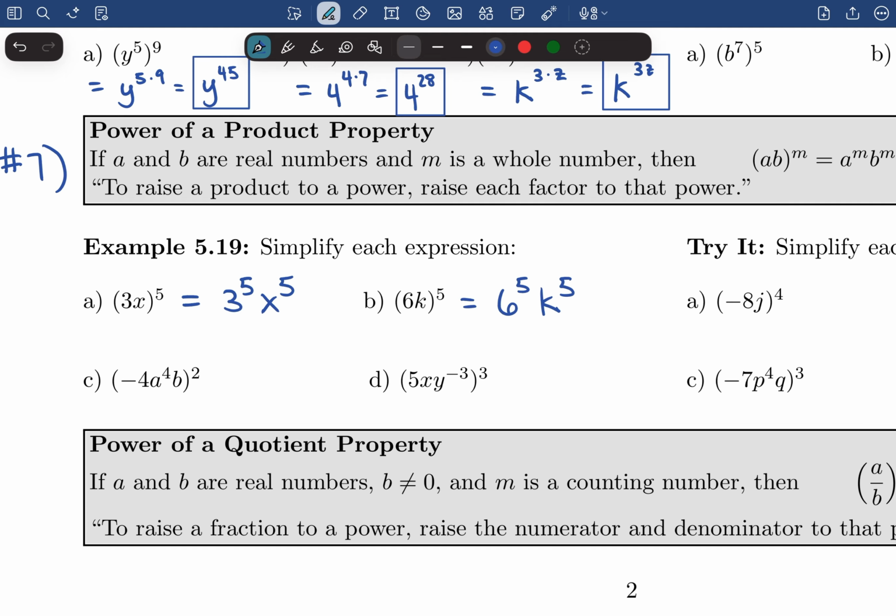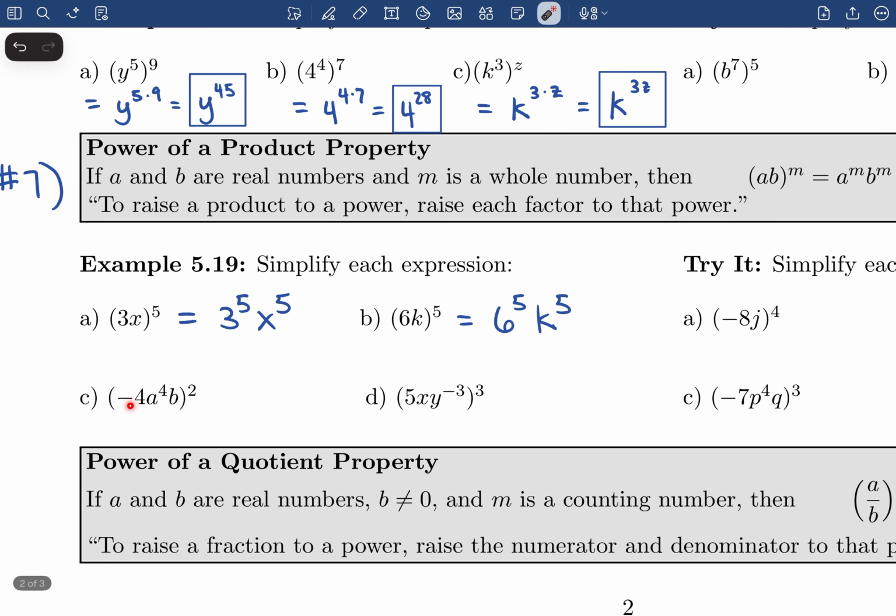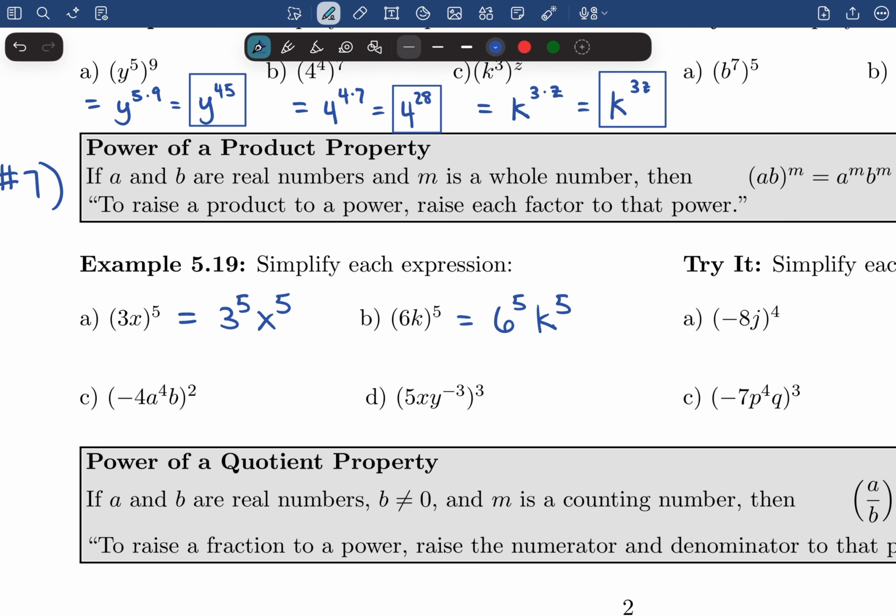When I see negative 4 times a to the 4th times b, I see three bases. I see the base negative 4 multiplied with the base a multiplied with the base b. So this second power can be applied to all of the bases. Let's write that out. That would be negative 4 squared, times a to the 4th squared times b squared.